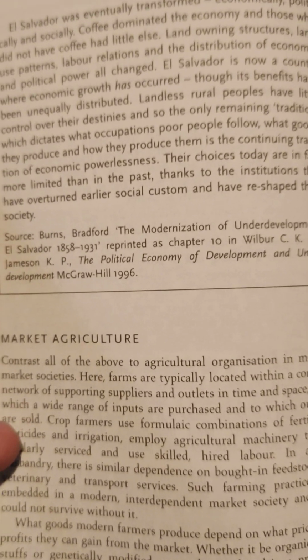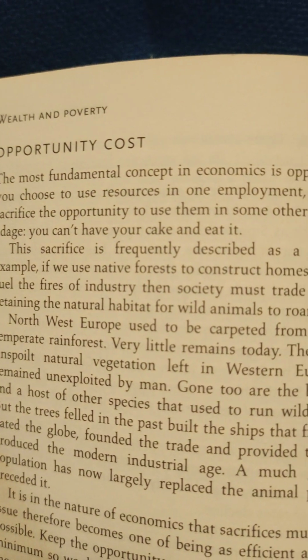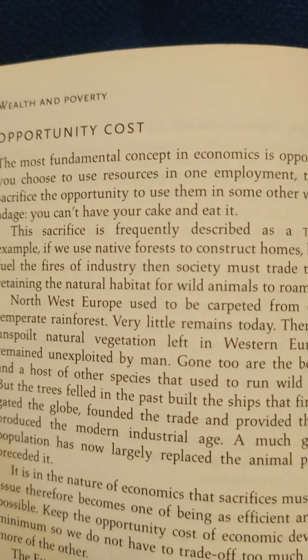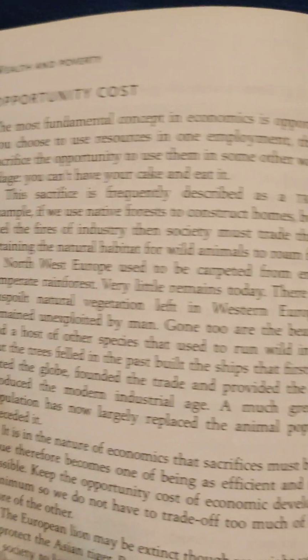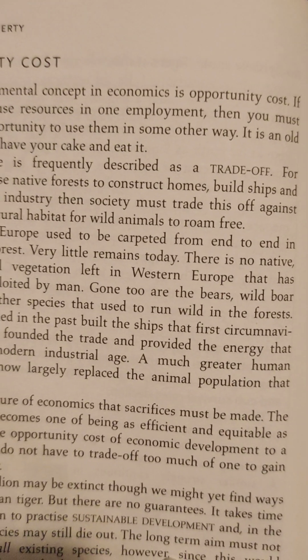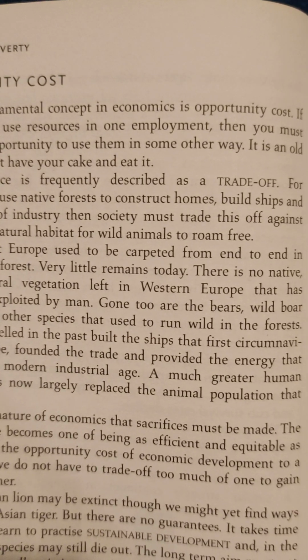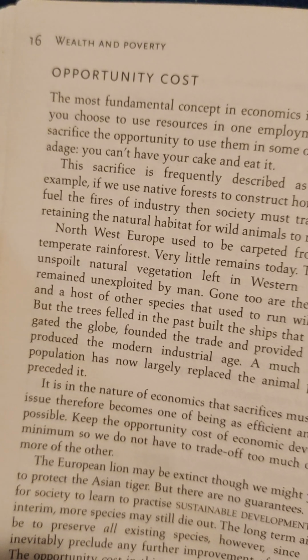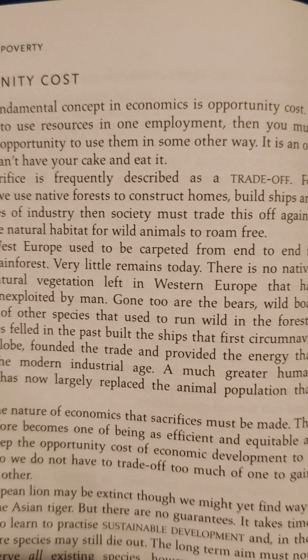So here he talks about opportunity cost and says the most fundamental concept in economics is opportunity cost. So if you choose to use resources in one employment, then you must sacrifice the opportunity to use them in some other way.